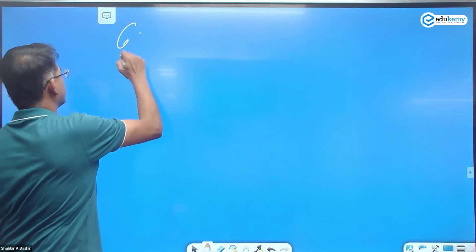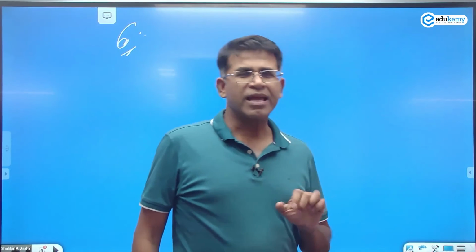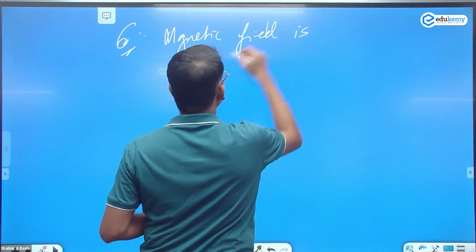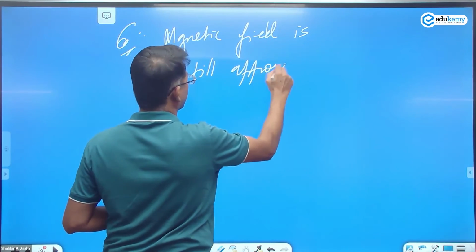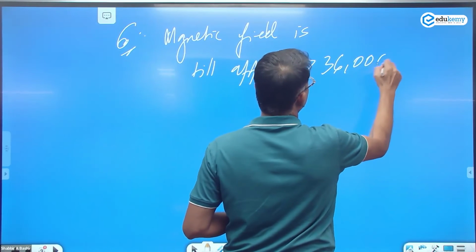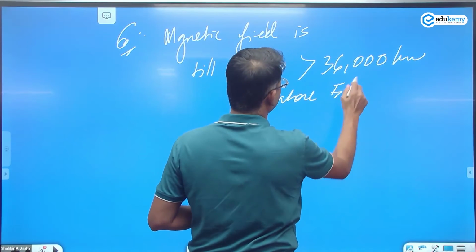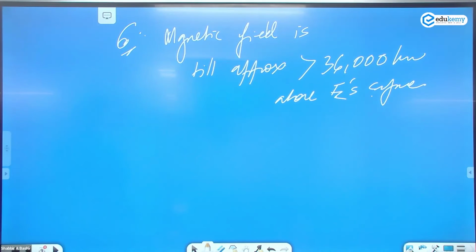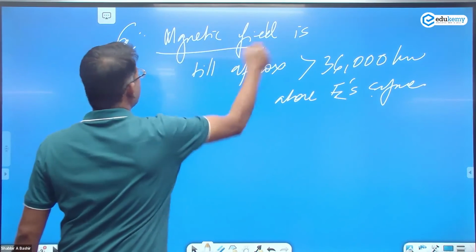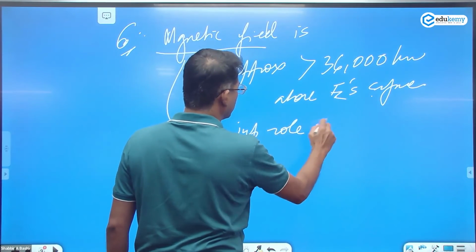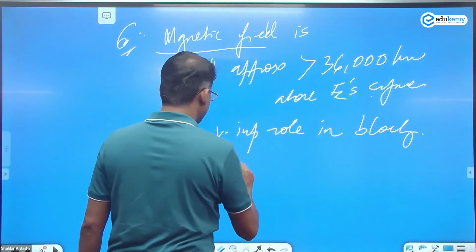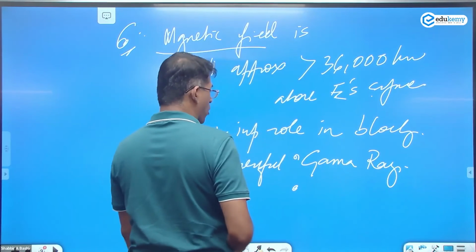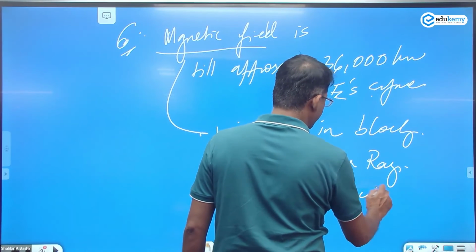Okay. Now, the sixth important point is that the magnetic field is till approximately more than 36,000 kilometers above the Earth's surface, and this field has a very important role in blocking the harmful gamma rays and solar winds.